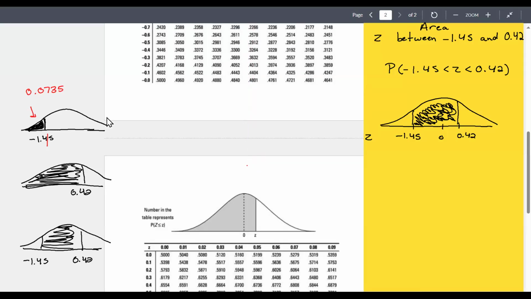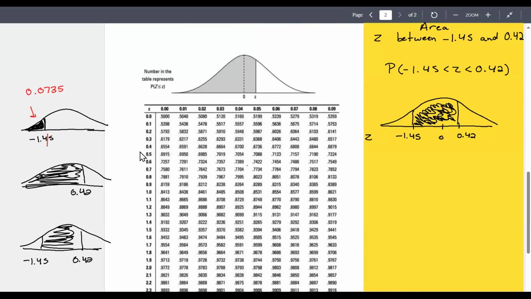That means I need a positive z-score now, so we're going to go down to this table. This is 0.42, so we split here, and I look for my 0.4. And then I look for my 0.02.